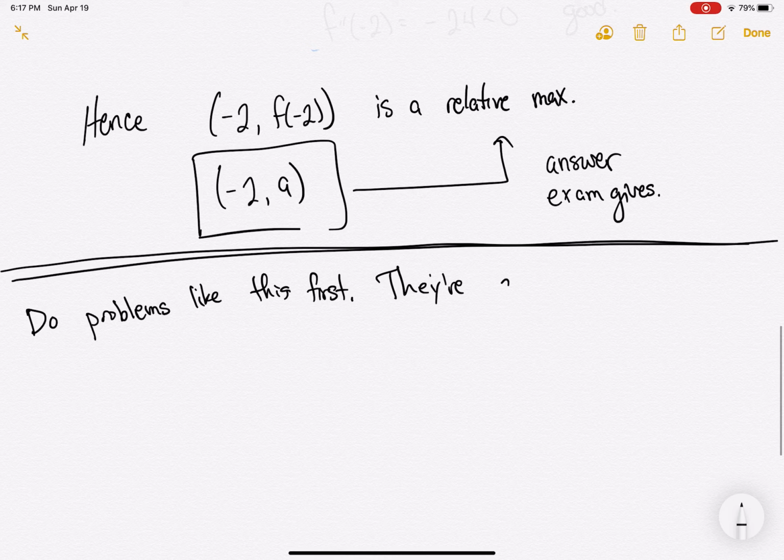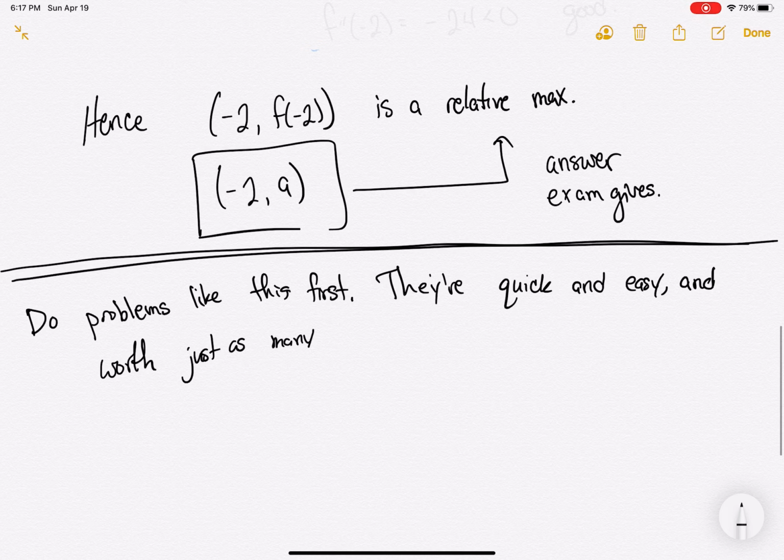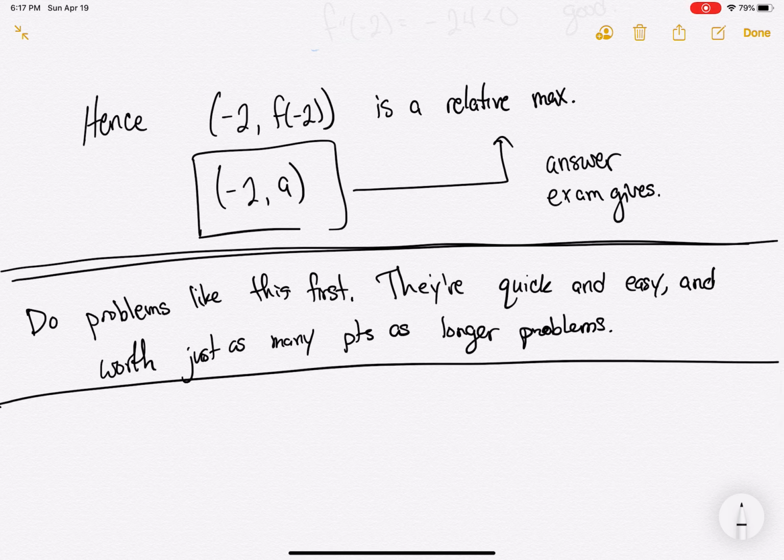They're quick and easy, and worth just as many points as longer problems. Okay, so that's a really good thing. You just seek out those easy problems and get them done right away.